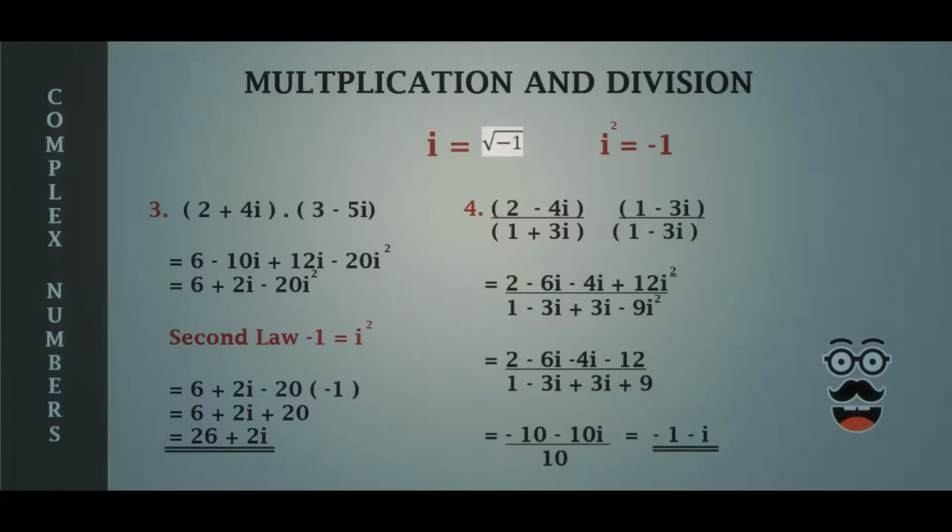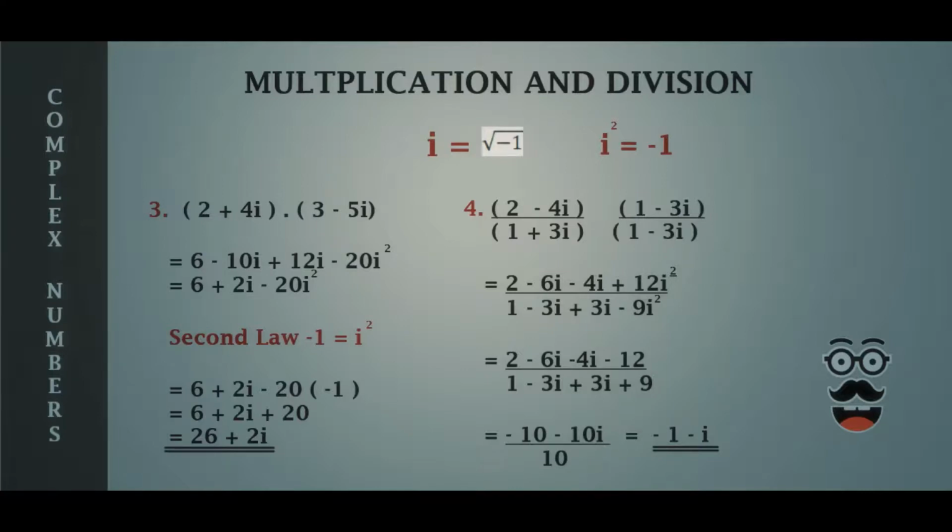In this part, we discuss how to multiply and divide complex numbers. Okay, look at example 3. 2 plus 4i times 3 minus 5i.